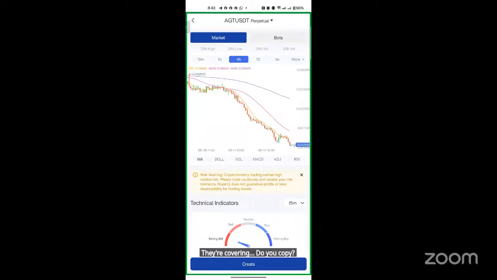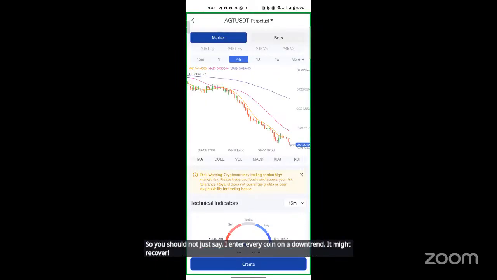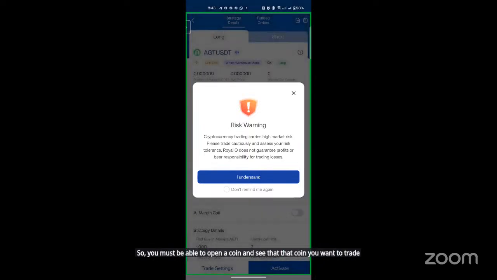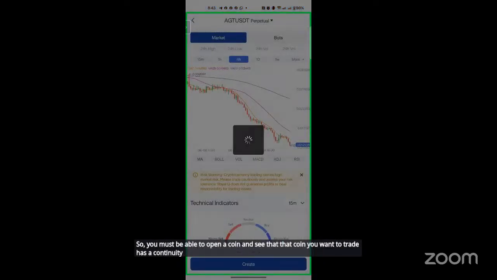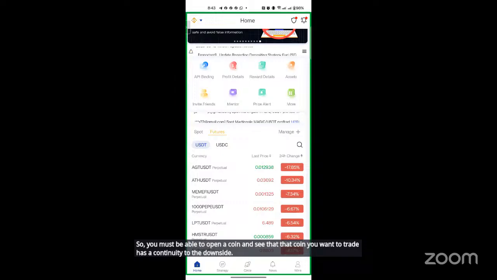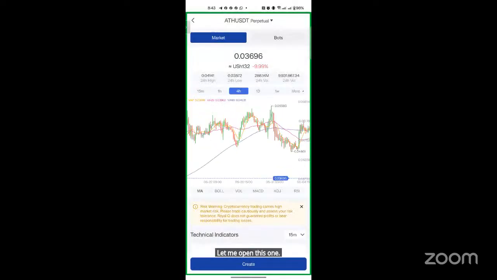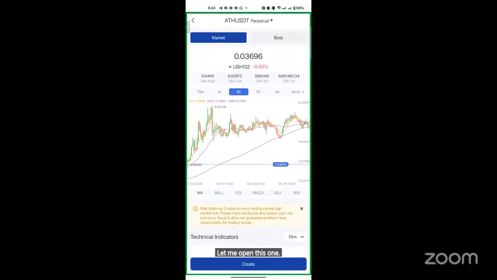So you should not just say, I enter every coin on a downtrend. It might recover. So you must be able to open a coin and see that the coin you want to trade has continuity to the downside. Let me open this one. Do you see?